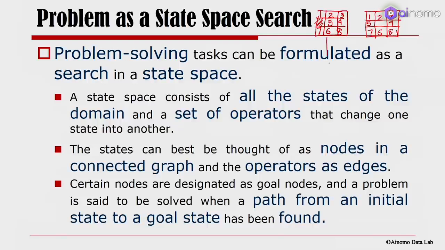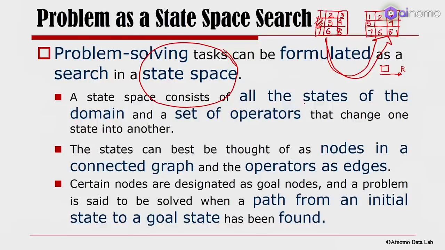So from here to this state here, I can come by a simple operator, which would be something like take the empty to the right. And when I am doing this, I am generating a number of newer states. All of these newer states together create what is called the state space.